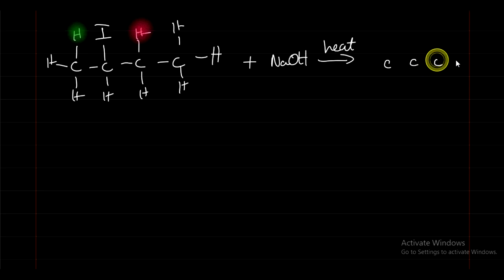If we eliminate the green one, then the double bond is going to be here. If we eliminate the green one, it means we will remove the I and the H, the green one.